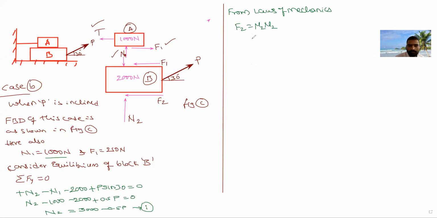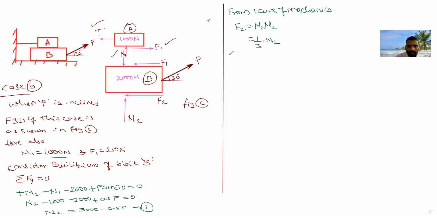What is the value of mu2? Mu2 is between block B and the floor. It is given as 1 by 3, correct? So 1 by 3 times N2. What is the value of N2 from equation number 1?